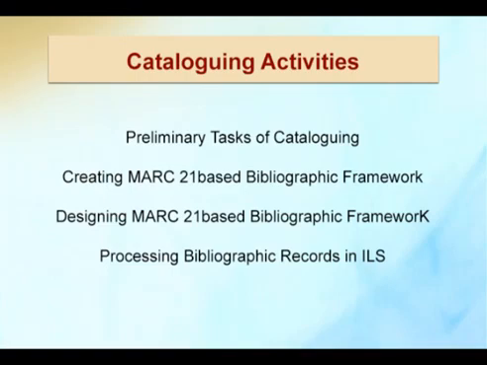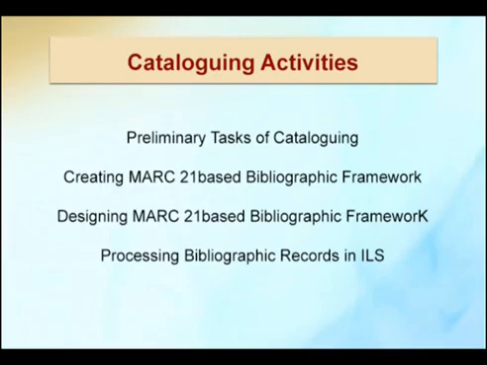Now, in practice, when you are going for cataloging of different library materials, you need to follow a standard set of activities, and you need to start from preliminary tasks related to cataloging. You need to select and create a MARC 21 based bibliographic framework by selecting different common minimum essential tags or fields as required for your library, because the requirements of two libraries are not the same as far as cataloging is concerned. Then after the creation of the bibliographic framework is over, you need to design the MARC 21 based bibliographic framework for data entry purposes.